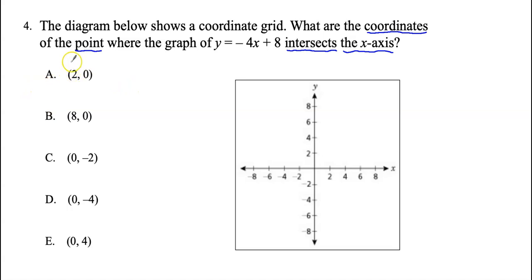The first number here, the 2, tells you how many units to move in the x direction. And the second number here tells you how many units to move in the y direction. That's why we always write a coordinate as x, comma, y. So let me put that in for each one of these, x, y.